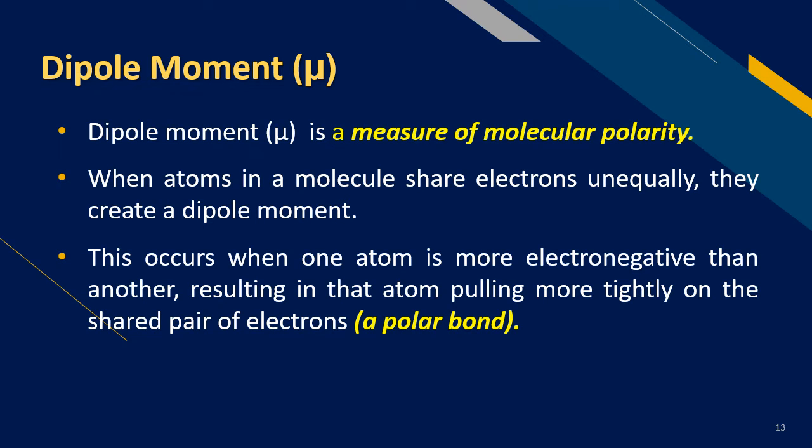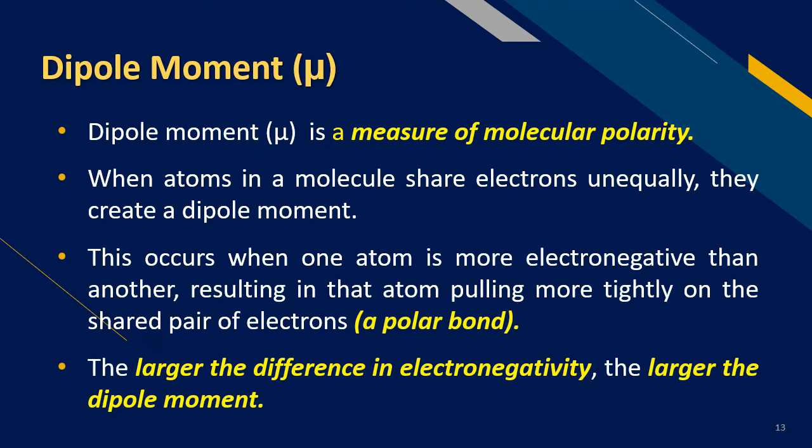This occurs when one atom is more electronegative than another, resulting in that atom pulling more tightly on the shared pair of electrons. They are also known as a polar bond. Thus, the larger the difference in electronegativity, the larger the dipole moment.